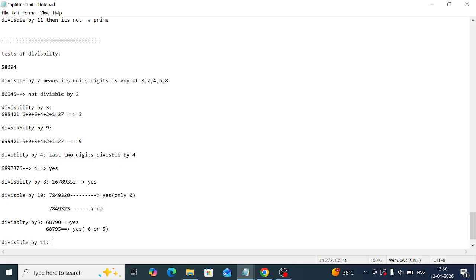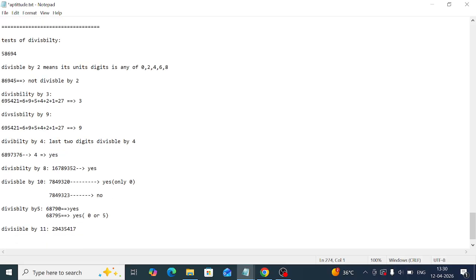If the difference between the sum of digits at odd places and even places is either 0 or a multiple of 11, then the number is divisible by 11. For suppose, I am taking 2 9 4 3 5 4 1 7.